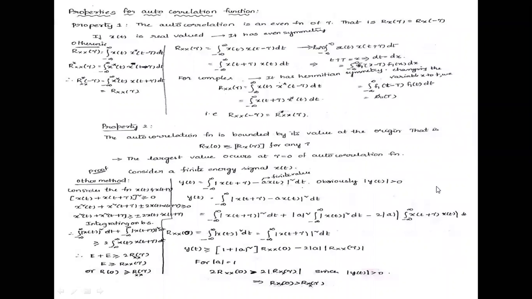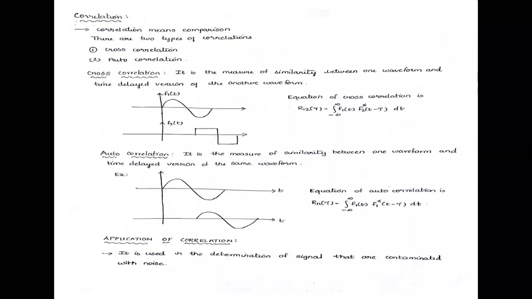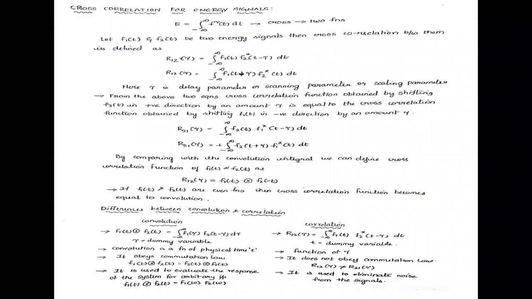Some other properties we have here are the properties of the autocorrelation function, which we have already seen. And these are other properties, and the difference between the cross correlation for the energy signals, and these are also some of the properties.